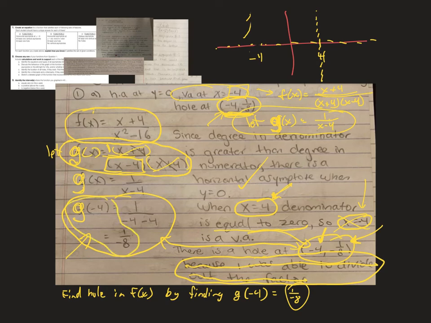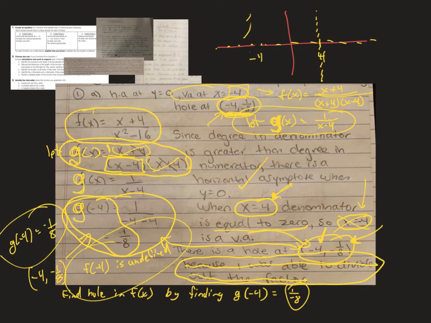G of x clearly goes through negative 4, negative 1/8. Whereas f of x, f of negative 4, is undefined. But g of negative 4 equals negative 1/8. Totally different equations, but very similar everywhere else.